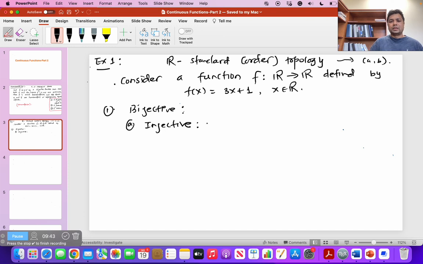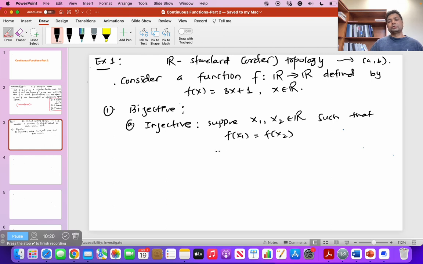That means suppose x1 and x2 are two elements in the domain of this function such that f(x1) is the same as f(x2). Then we can say this function is injective if the pre-images of f(x1) and f(x2), which are x1 and x2, are the same thing.